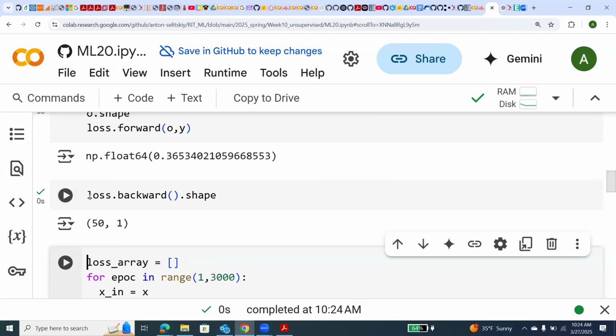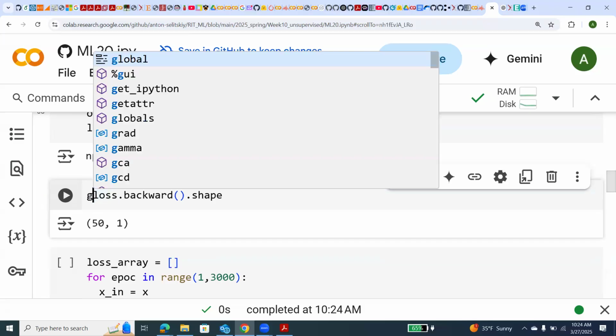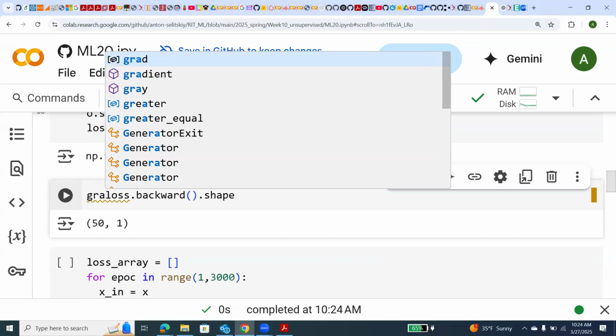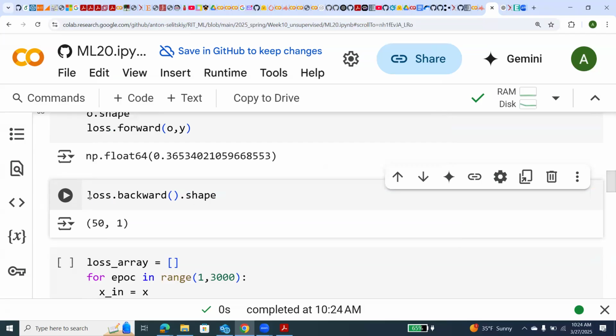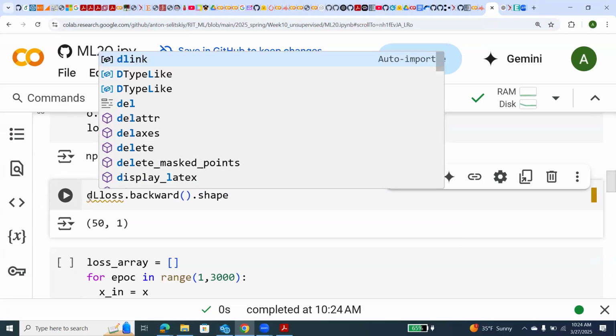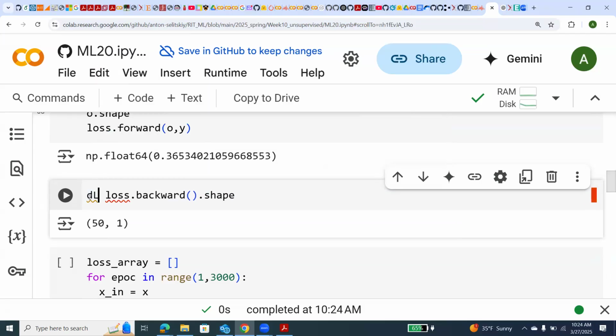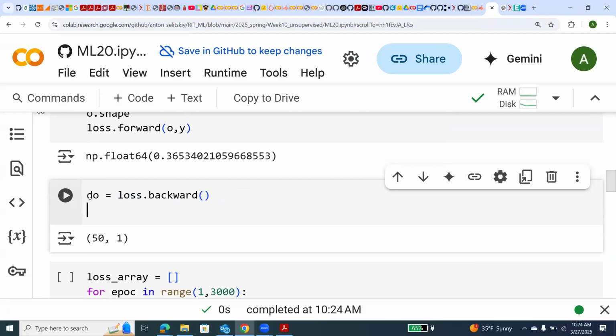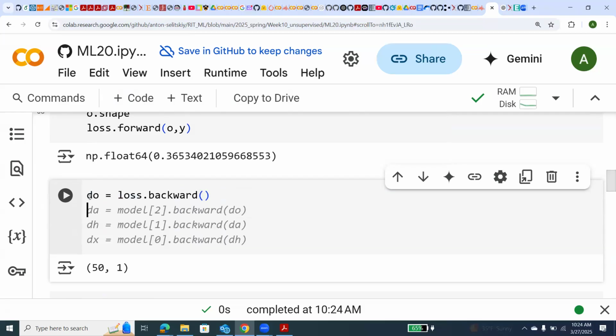Then, so this is, for example, gradient with respect to O. Then I can, oh, okay, it suggests to write everything.